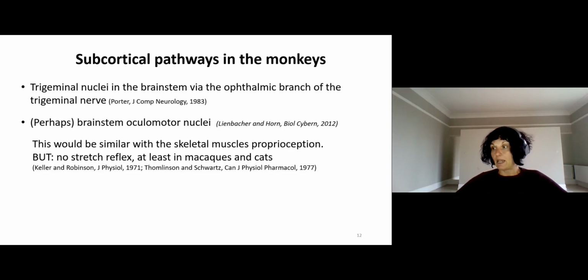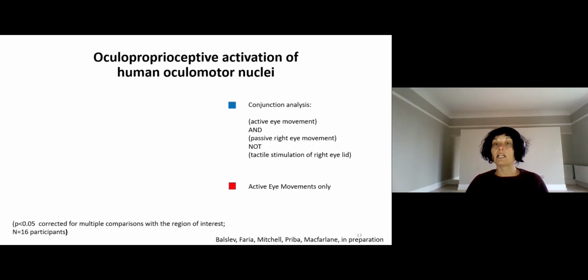To investigate this hypothesis, we used the same task that I presented before, but this time looking at the brainstem oculomotor nuclei. Now, imaging the brainstem is much more difficult than imaging the cerebral cortex. And this is because in the brainstem, the nuclei are very small, just a few millimeters.